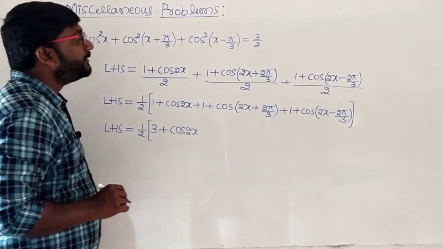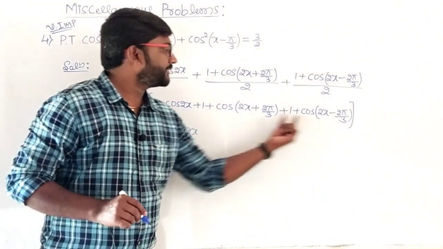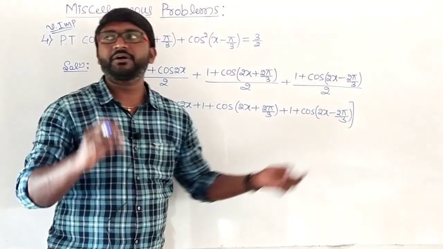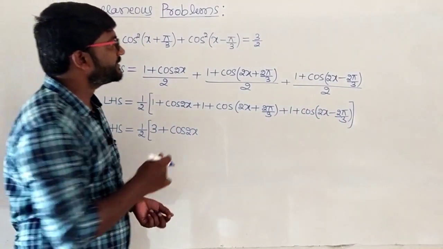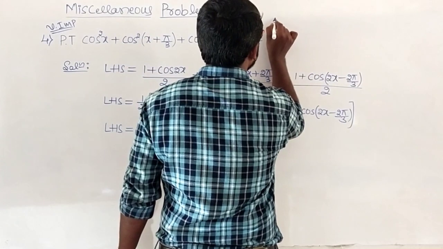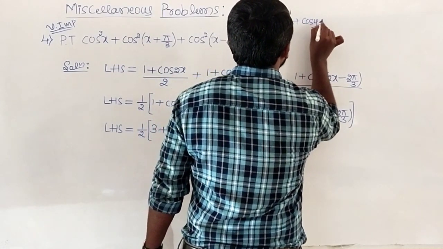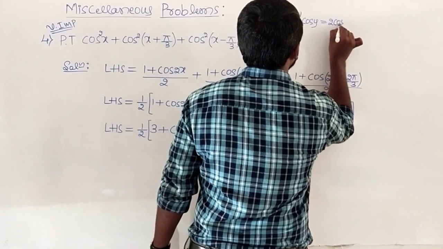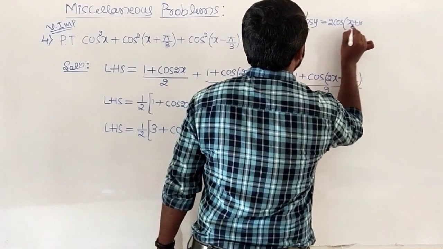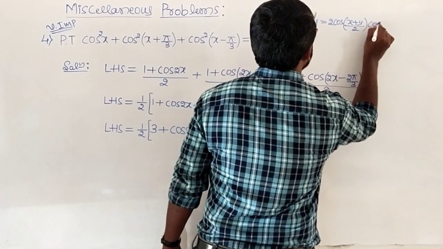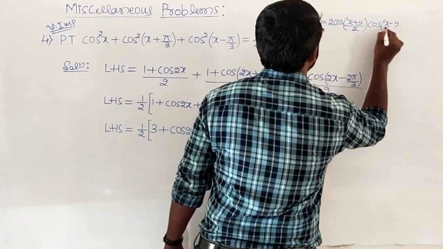Then these two are in the form of cos x plus cos y. What is the formula? cos x plus cos y is equal to 2 cos of x plus y by 2 into cos of x minus y by 2.